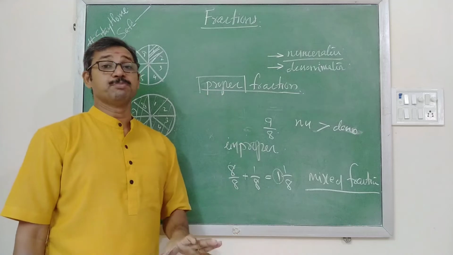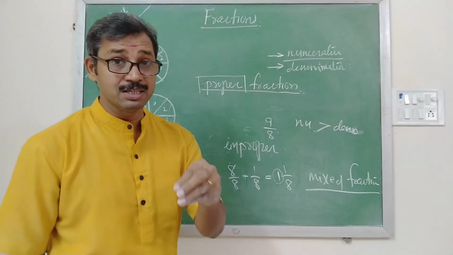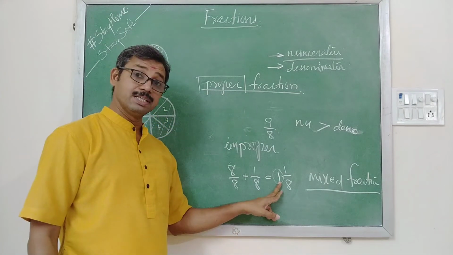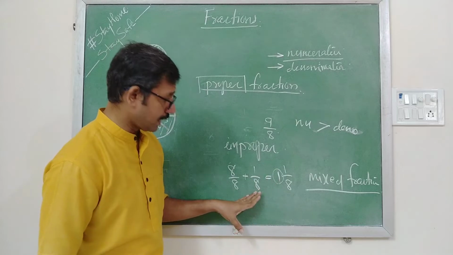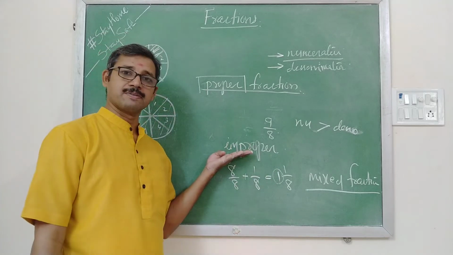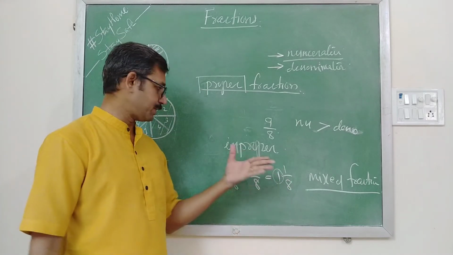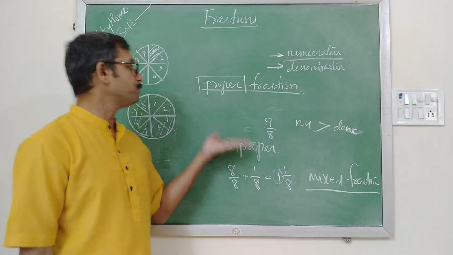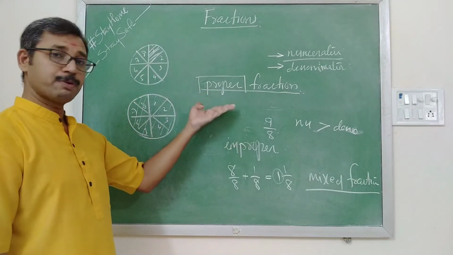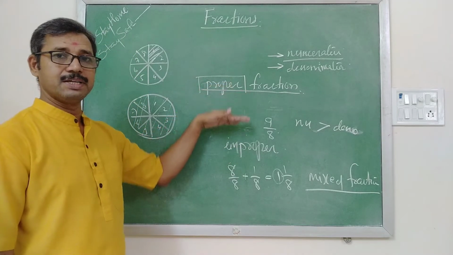Now it is very important that you learn to convert a mixed fraction to an improper fraction. So a mixed fraction will be converted to an improper fraction. I hope you understand the proper fraction. In a proper fraction, the numerator will be less than the denominator.